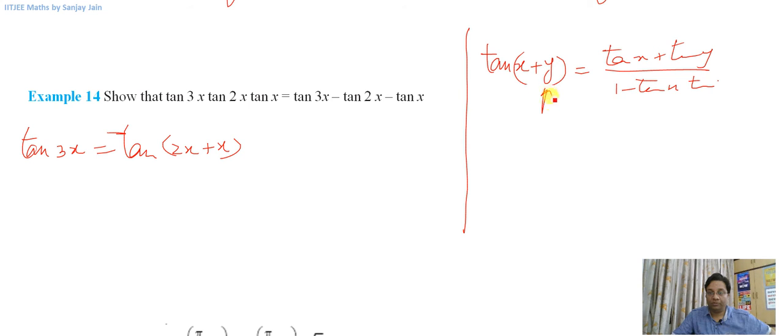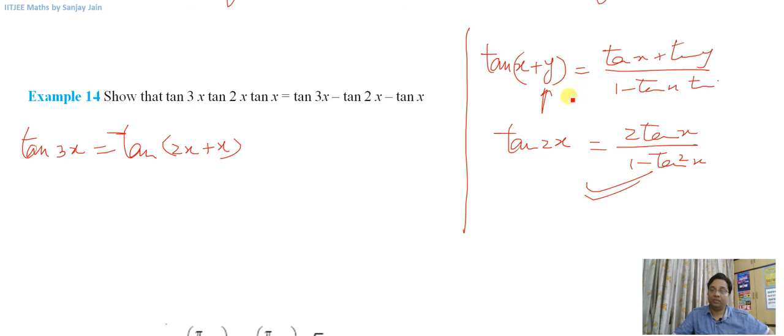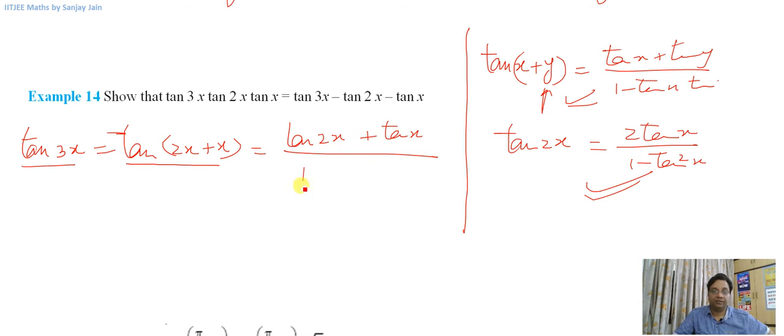Furthermore, if I replace y with x, I'll have a formula for tan 2x, which is 2 tan x divided by 1 minus tan square x. So now if you know this and this, you can very well find tan 3x, which is tan of 2x plus x. So you can write it as tan 2x plus tan x divided by 1 minus tan 2x into tan x.